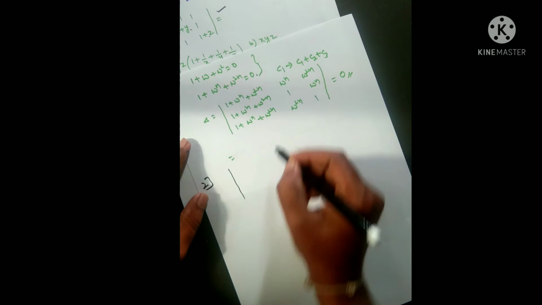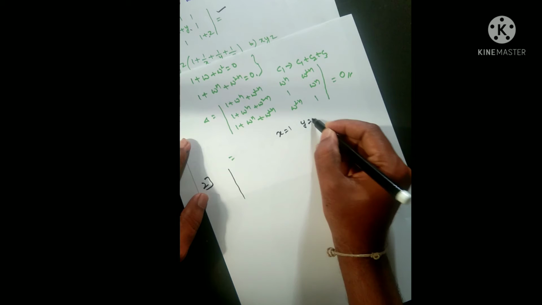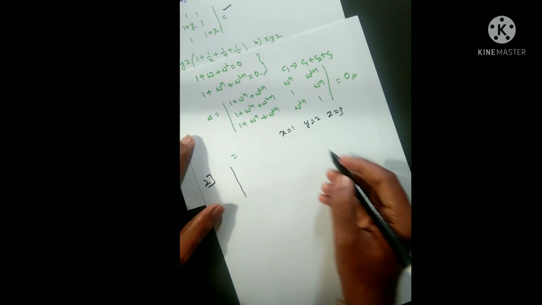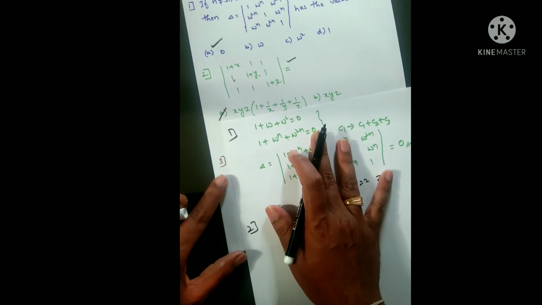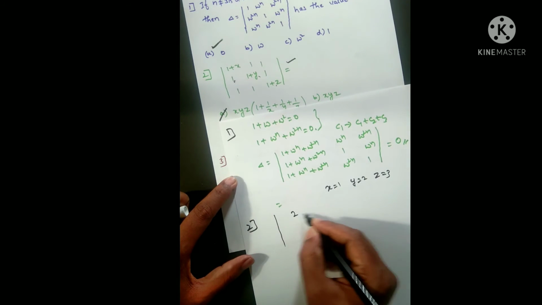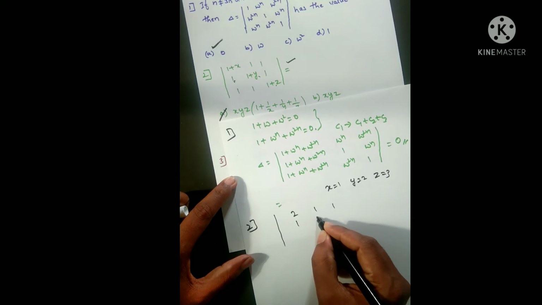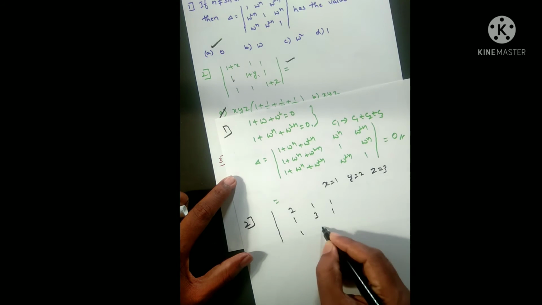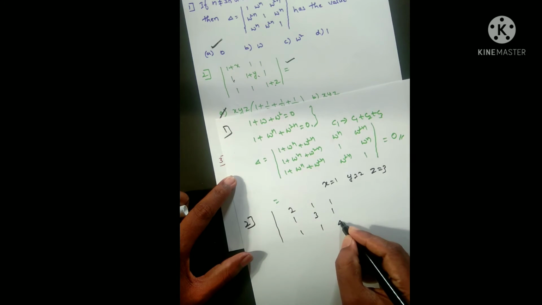First, as I told you, x is 1, y is 2, z is 3. Then the determinant becomes 1 plus 1 is 2, 1, 1; 1, 3, 1; 1, 1, 4.